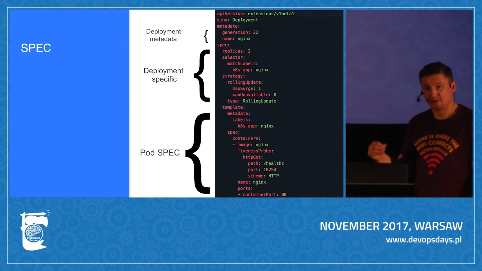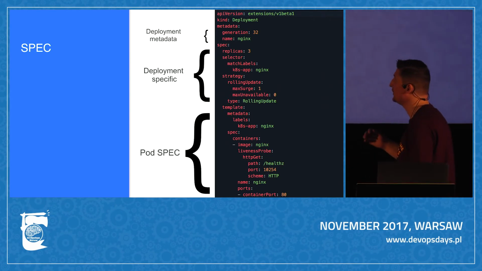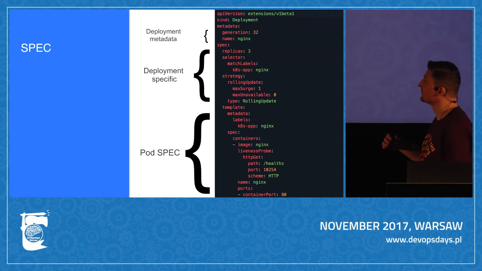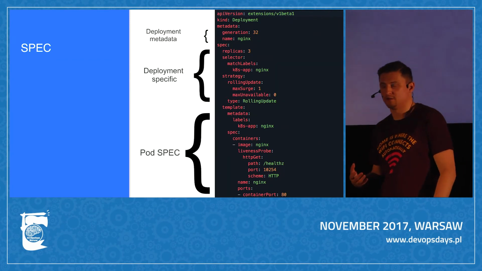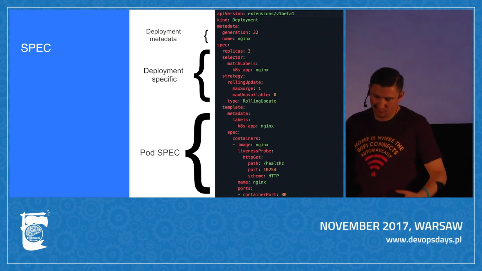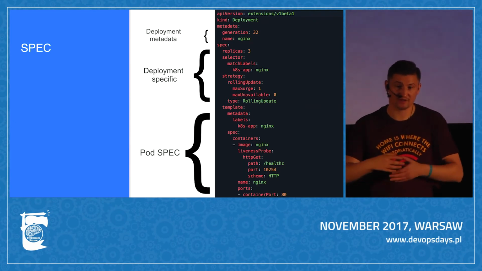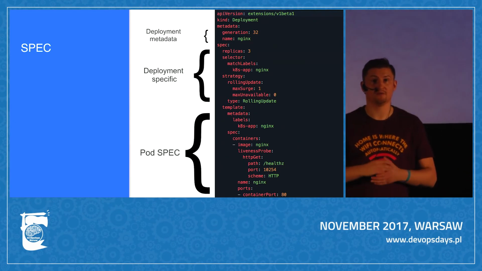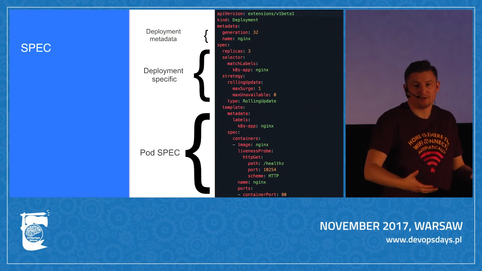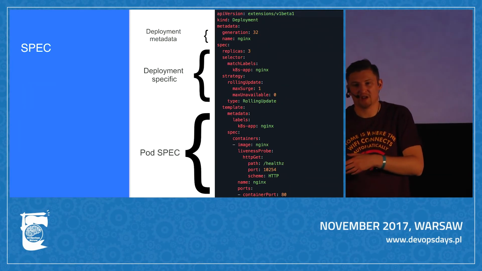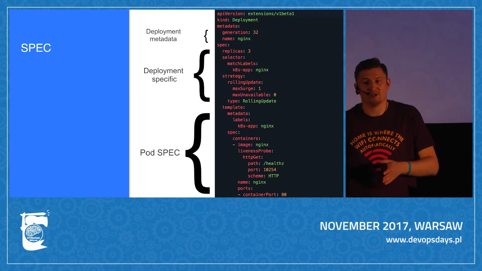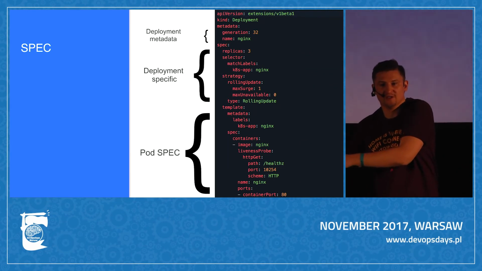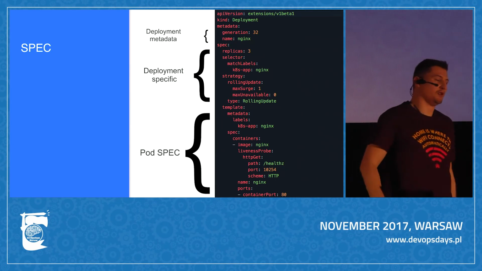We've got some deployment-specific information, like how many unavailable containers we can tolerate during some upgrade. So we can just kill one container and wait for a new one to become available, or we can start by creating a new one, and when it's ready, switch to this new container.